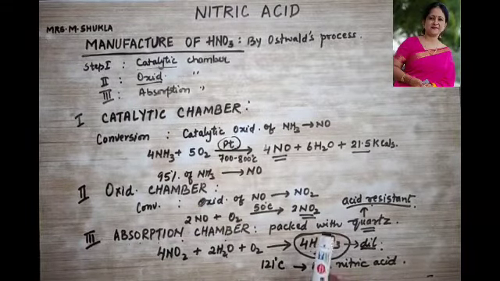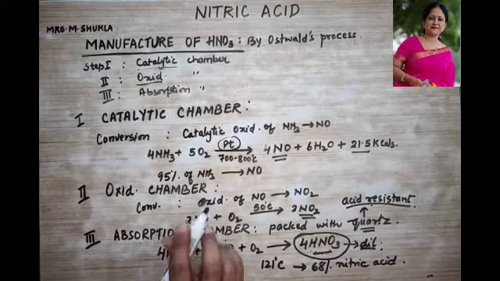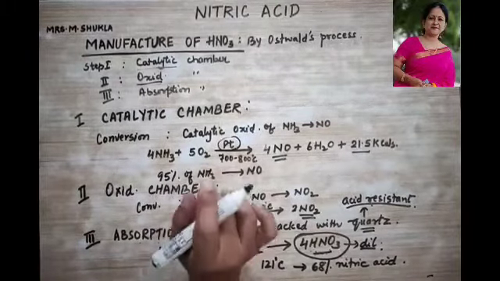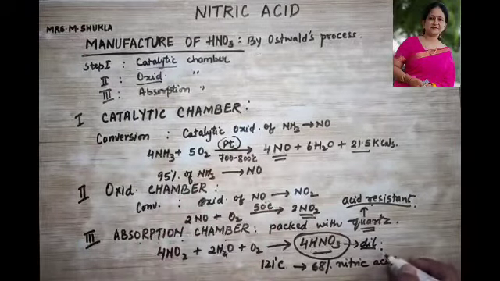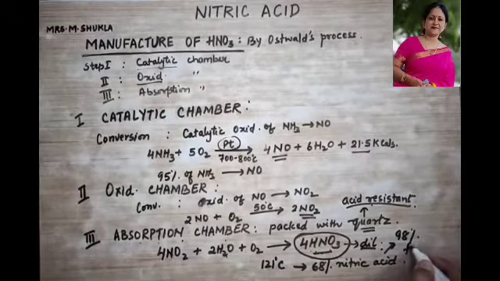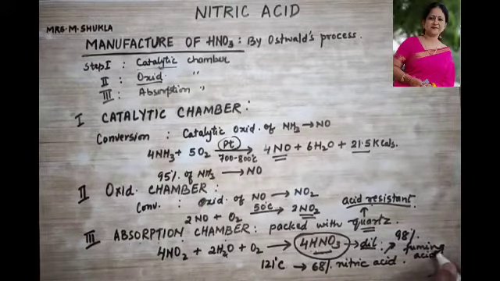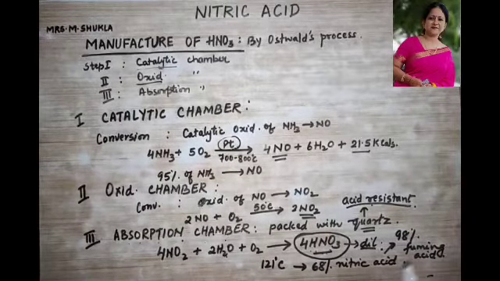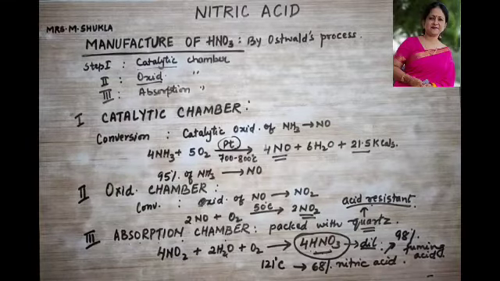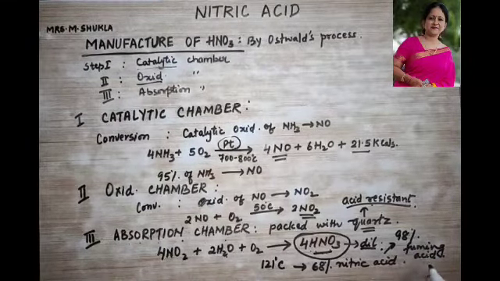This 68% nitric acid can be further distilled with concentrated sulfuric acid under reduced pressure, and this will result in 98% fuming acid. So how will we obtain 98% fuming acid?